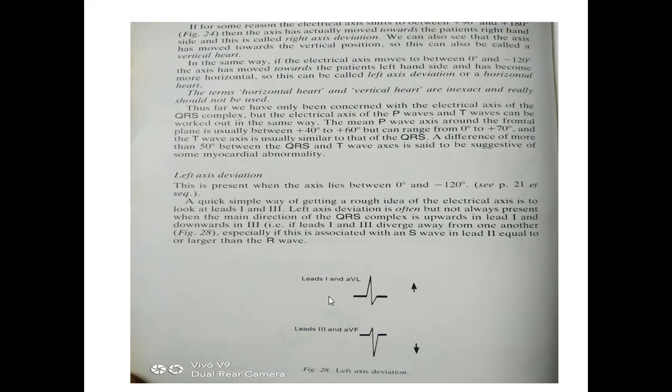When you divide this, you put a line dot up and down. These arrows are going away from each other; this one is bigger, going upwards, and this one is going downward. So they are leaving or reaching? Leaving. So when lead 1 and lead 3 leave, this ECG shows left axis deviation.